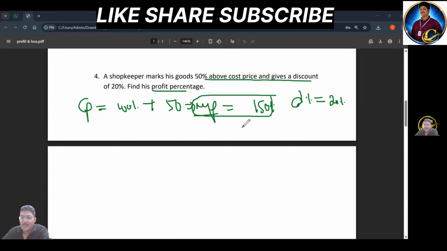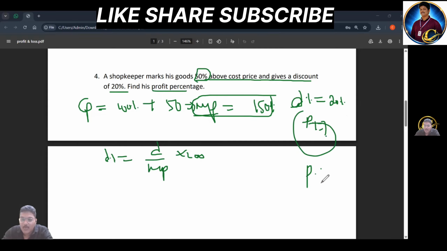Find the profit. Obviously we'll get a profit, because 50% increase and 20% discount gives about 30%. Maybe we will calculate upon that. I am giving a rough idea of how to analyze the question. Now, discount percentage is equal to discount by MP into 100. He asked us to find the profit percentage, so we will note the profit percentage formula is profit by CP into 100, total profit gained by cost price into 100.